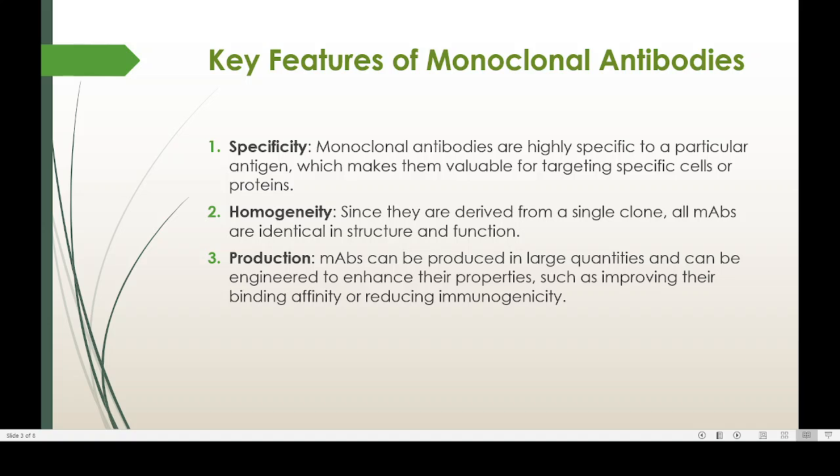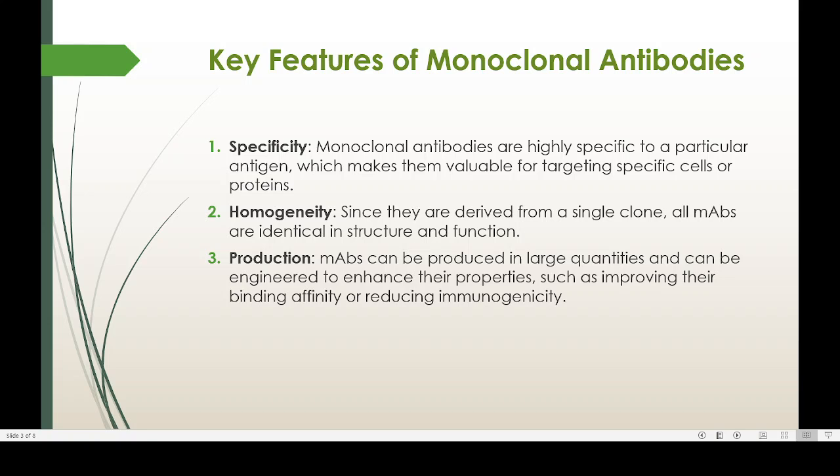The third feature is production. Monoclonal antibodies can be produced in large quantities and can be engineered to enhance their properties. By genetic engineering, we can produce large quantities of monoclonal antibody, and that is one important feature which makes them very valuable in medicine.